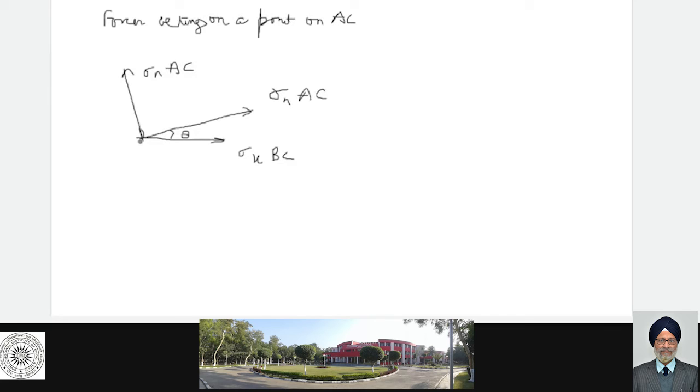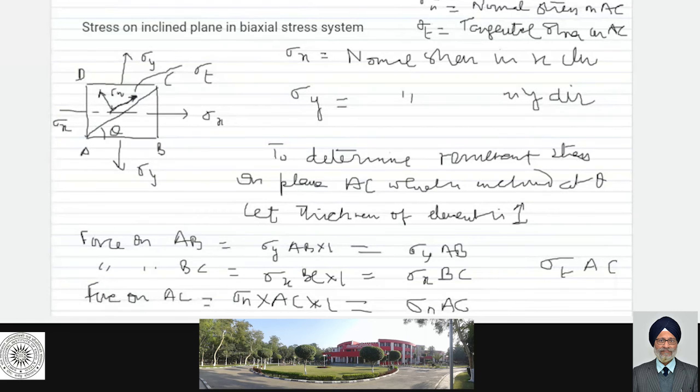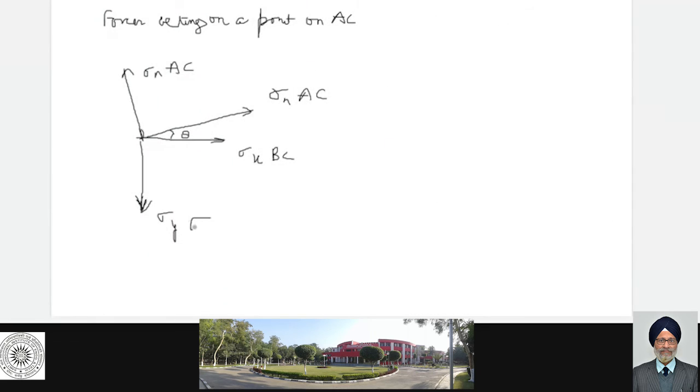And in this direction, that is vertical, it is sigma y into AB.